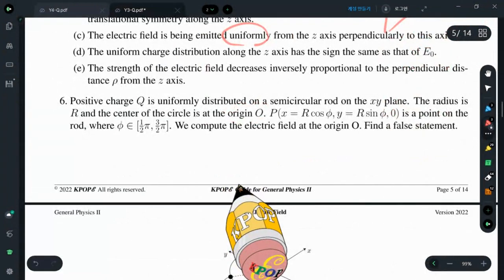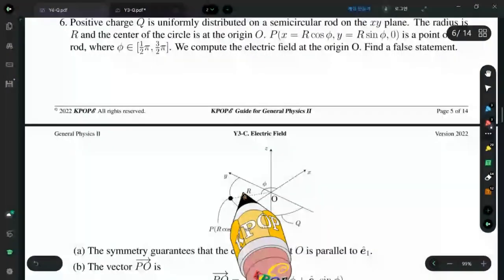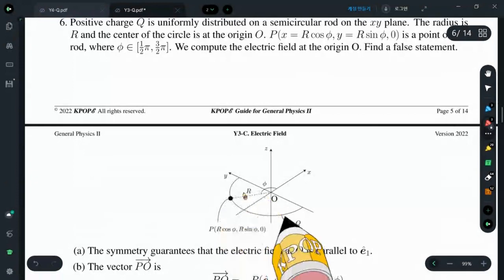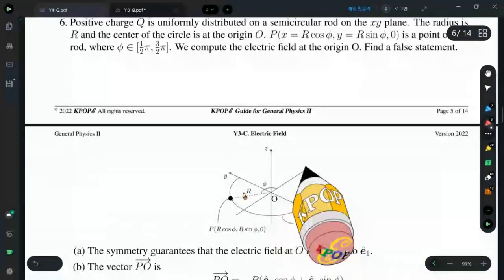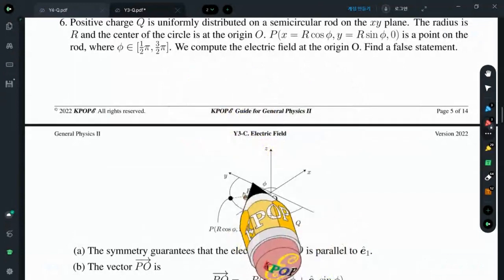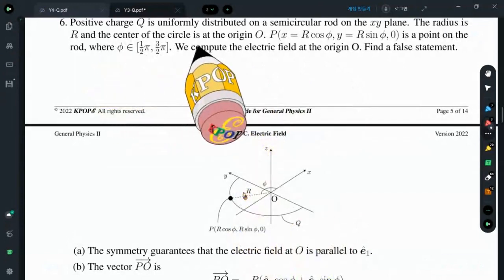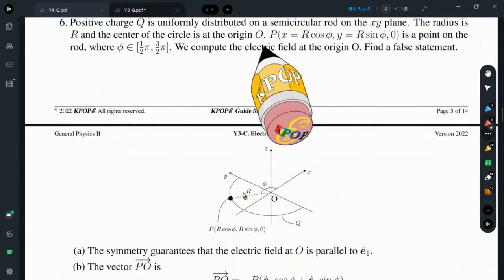Number 6. Positive charge Q is uniformly distributed on a semicircle. This is a semicircular rod on the xy plane. The radius is r, and the center of the circle is at the origin.